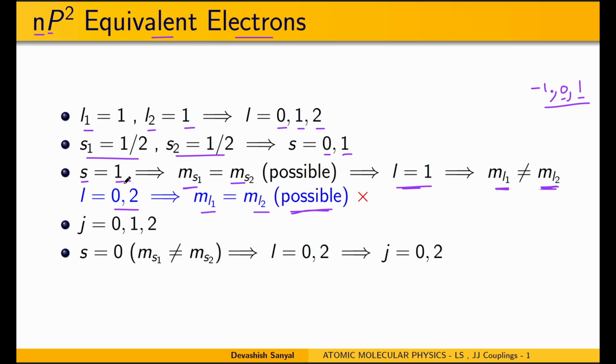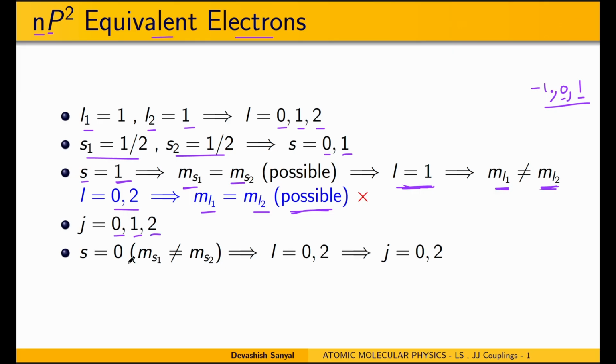So when S is equal to 1, we can only have L is equal to 1. If that is the case, then J can take the values 1 plus 1 to 1 minus 1. So when S is equal to 1 and L is equal to 1, J can take the values 0, 1 and 2.